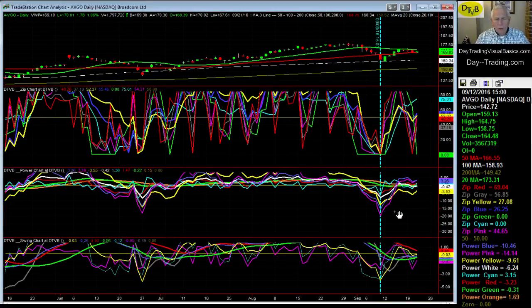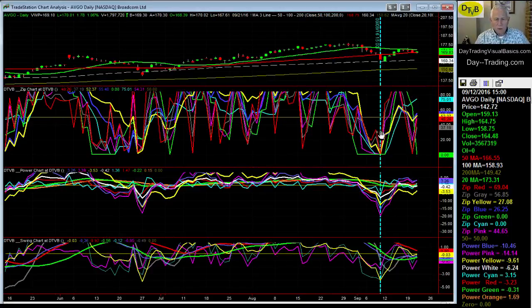In the power chart, we have power pink at the very bottom, and that is in a bottlenose, as is almost all, about 4 or 5 of the power indicators. And so we've got a couple different kind of groups here.